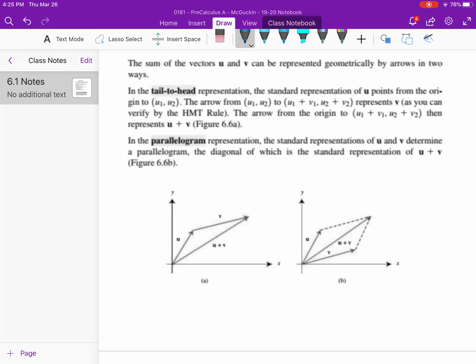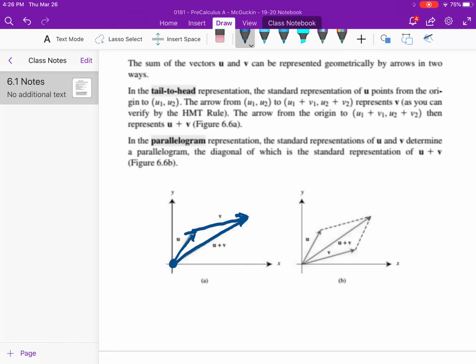The tail-to-head just means that if we assume one of our vectors starts at the origin, like u does right here, and I make another vector from the terminal point of u, I can find the sum of those 2 vectors by going from the tail of one to the head of the other.